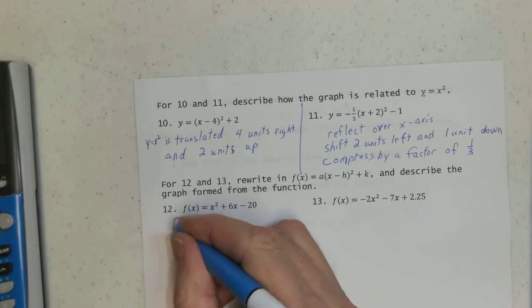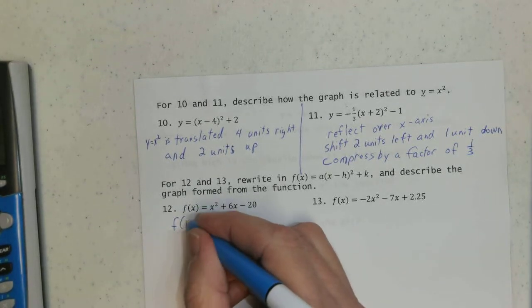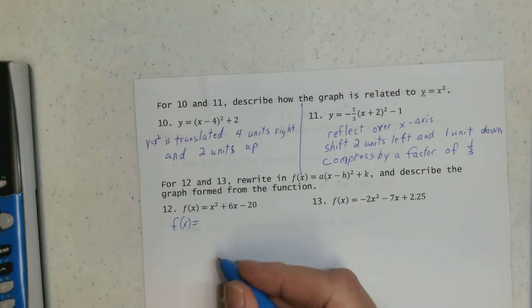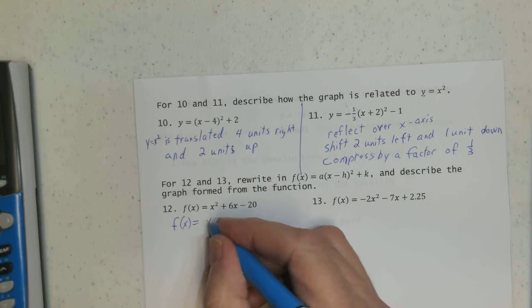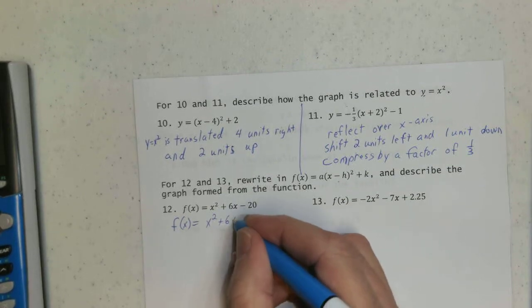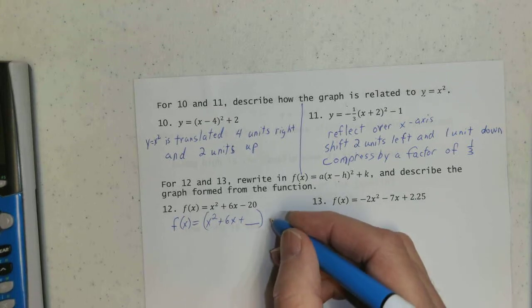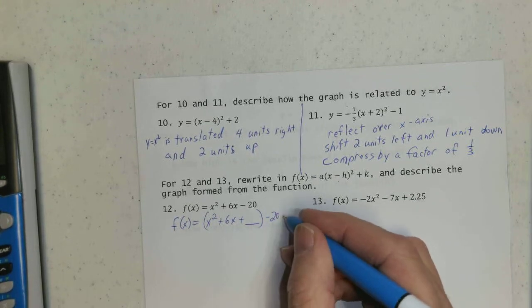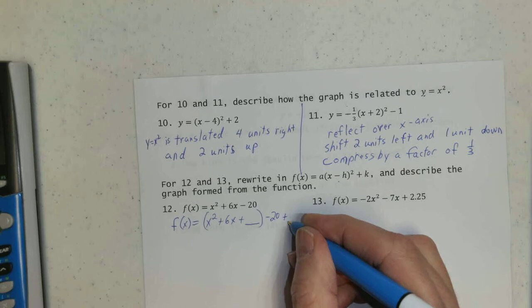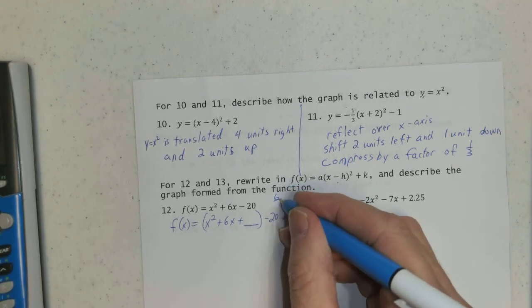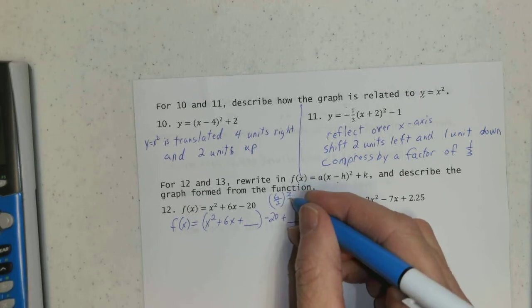Okay, so here we go. Rewrite in this form, describe the graph. Okay, f of x equals x squared plus 6x plus something to complete the square there, minus 20 plus whatever that number is. That number is 6 over 2 squared.